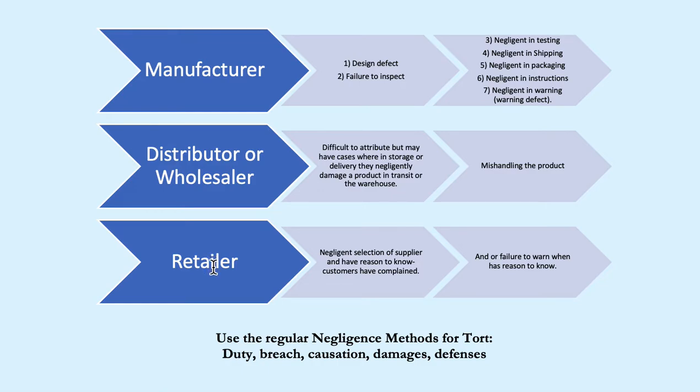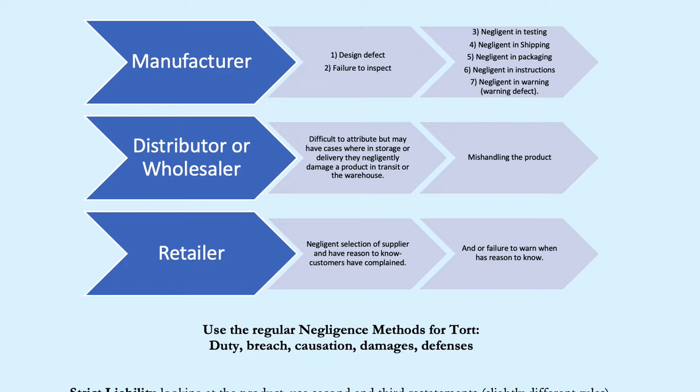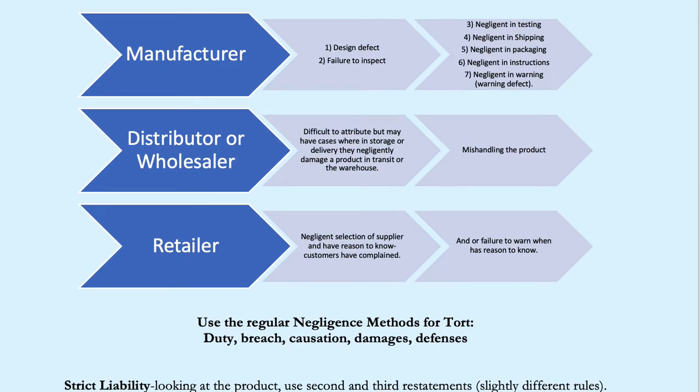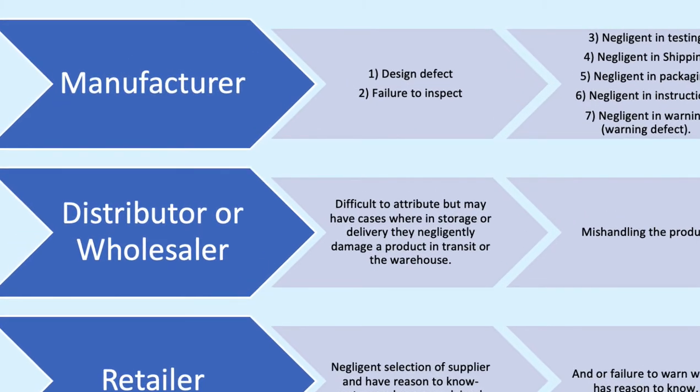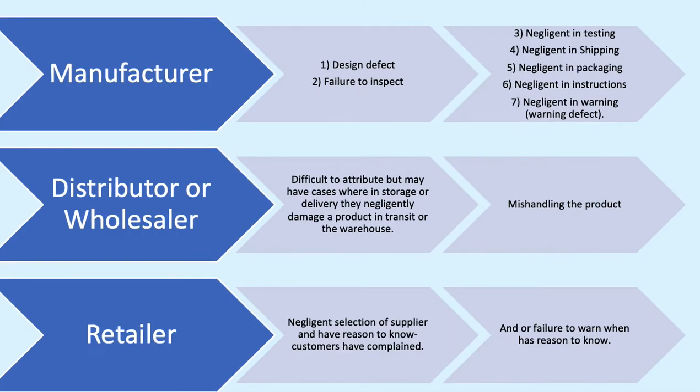There are the three main categories, starting at the manufacturer, then going to the distributor or the wholesaler, and then the retailer. When you go into these three categories, which you want to list in the stream of commerce, you want to look at their conduct, okay?